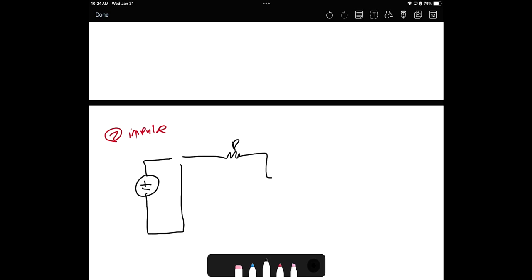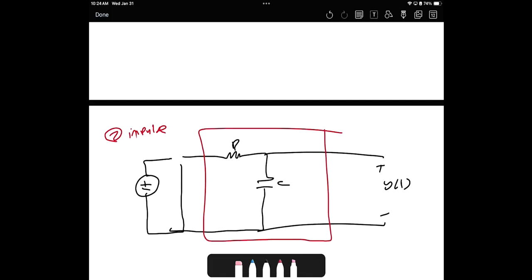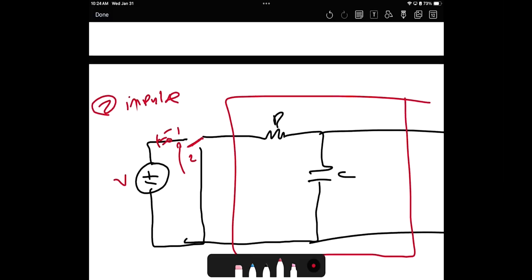Here is R, here is C, then here is Y. Here we have a switch, with position 1, position 2, and here is the source. Most likely, the switch will be on when t goes to 0 negative, and we want it to go off at t equals 0 positive.